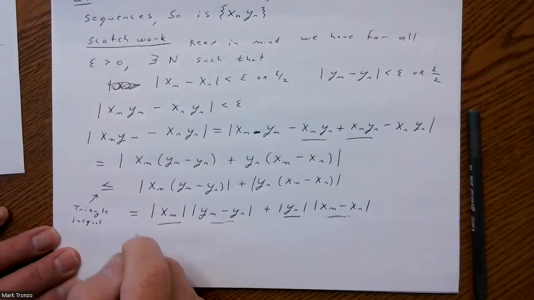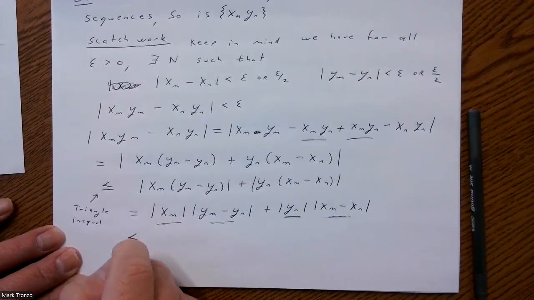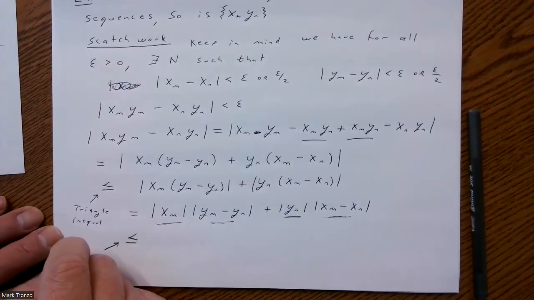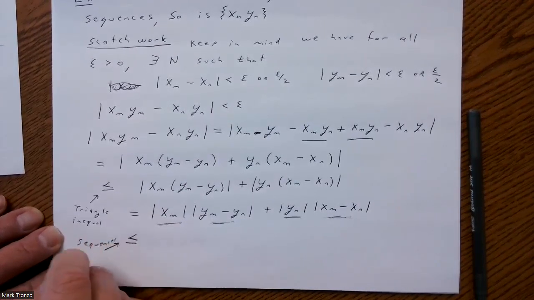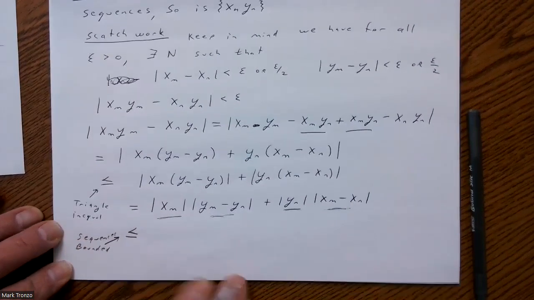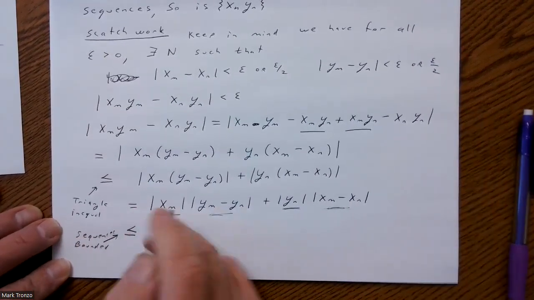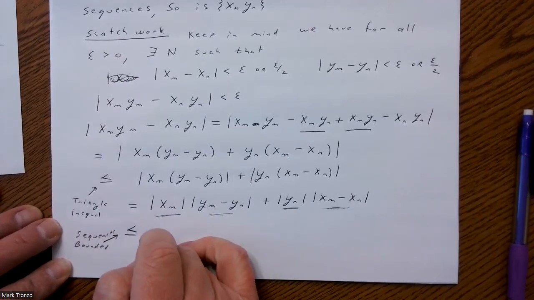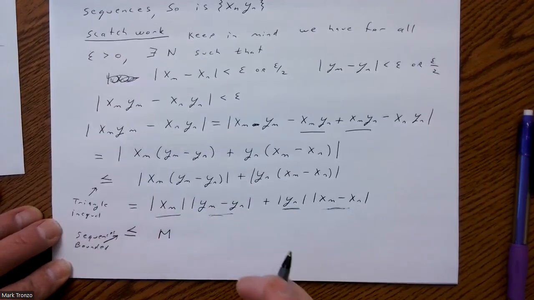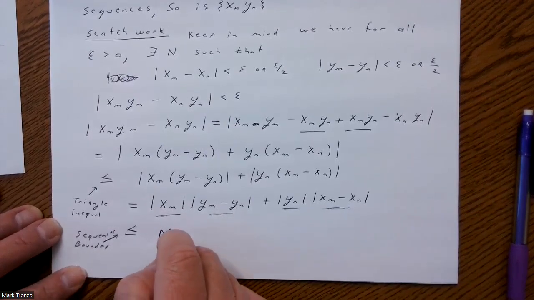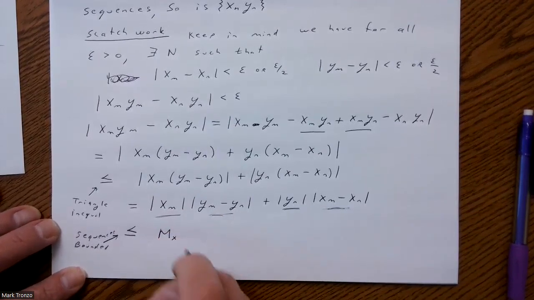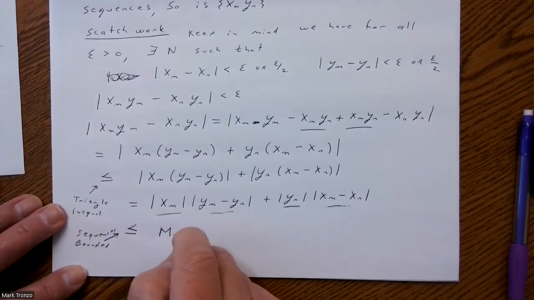So these sequences are bounded. And so this is going to be less than or equal to, say, M. And again, you can call this maybe like an MX for the bound of the X sequence.